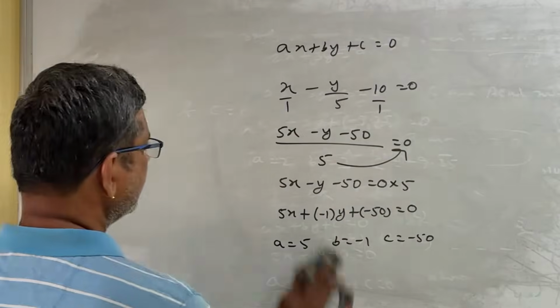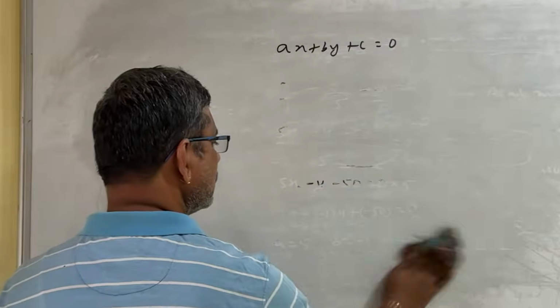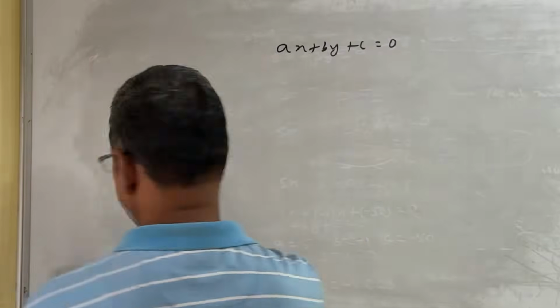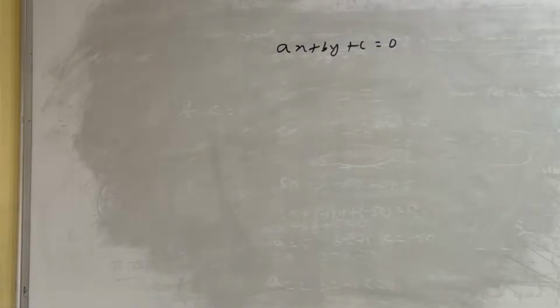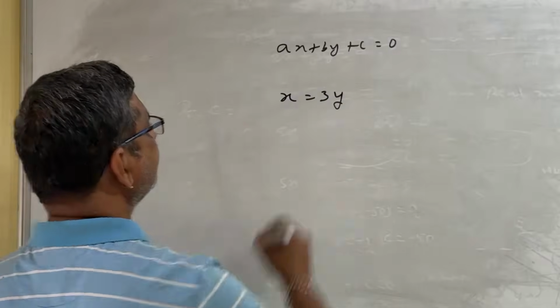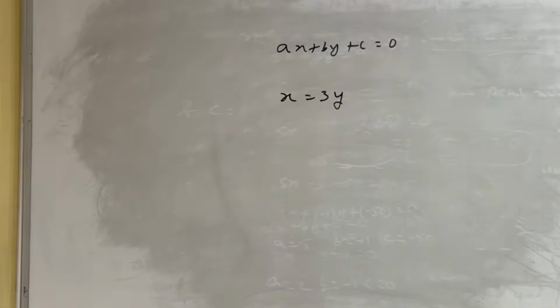One more question. x is equal to 3y. Express this one in the general form and write ABC values.